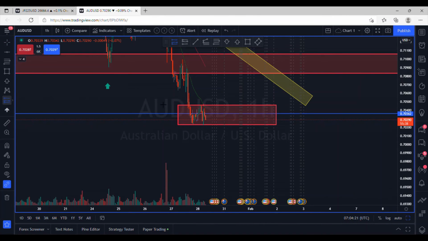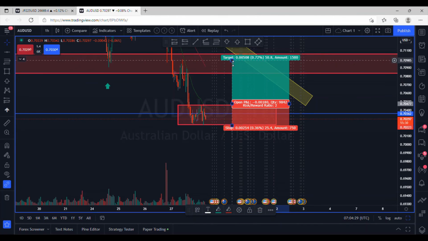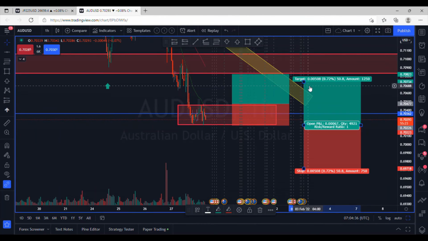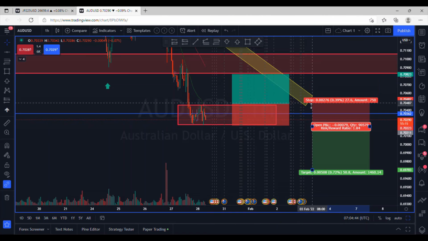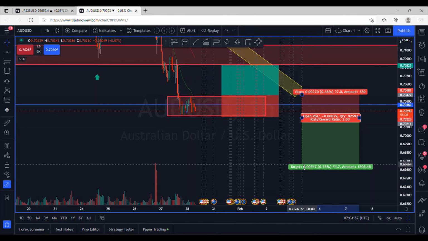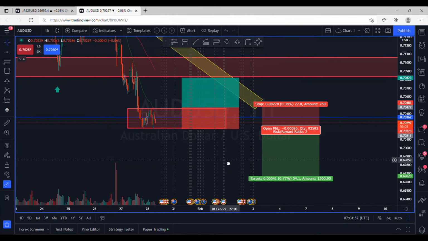Basically we'll trade that going back up to here, or we'll trade that going back down. I'm always really looking for a 2 to 1 risk to reward. You're risking 1, you want to get back 2.